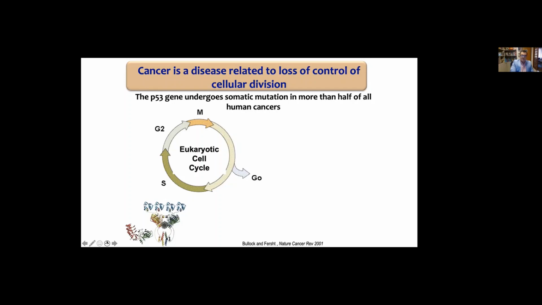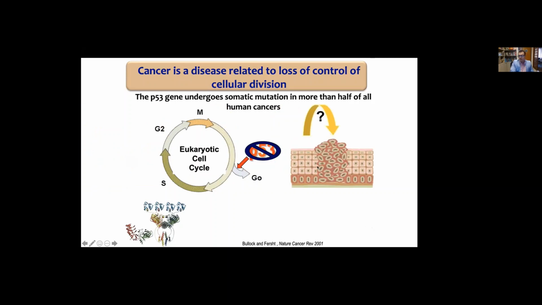But if something goes wrong, especially if you have a mutation and there is a loss of function of p53, that can help drive or participate in the pathophysiology of cancer.